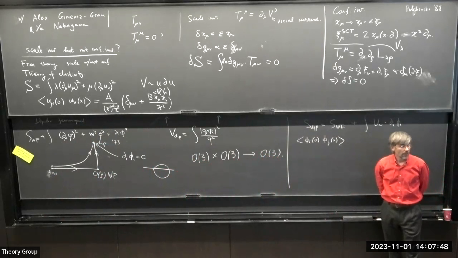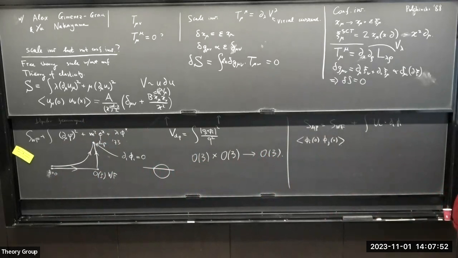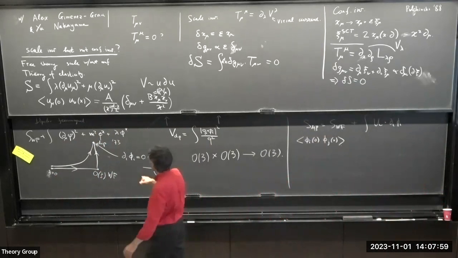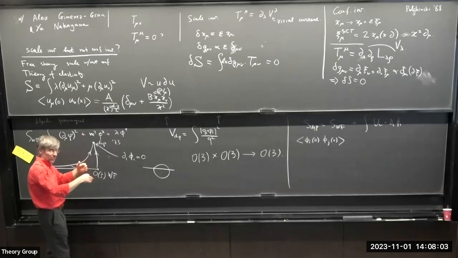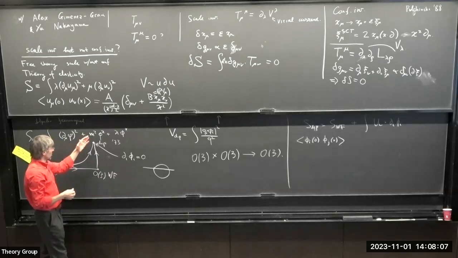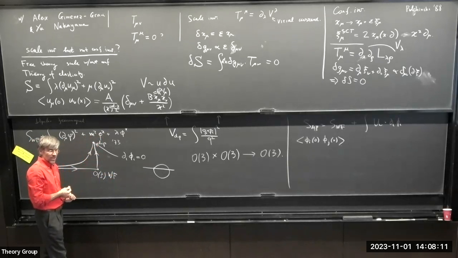So this is a theory of a vector field which is massive and there is no gauge invariance. Of course, to go to the fixed point, you have to tune the mass to get the scale invariant theory. So you tune the bare mass and then you recover a scale invariant theory in the infrared limit.